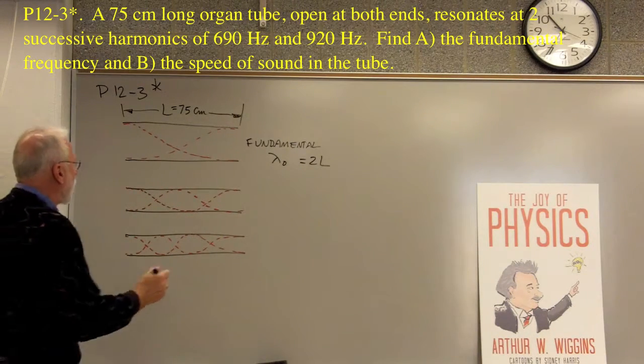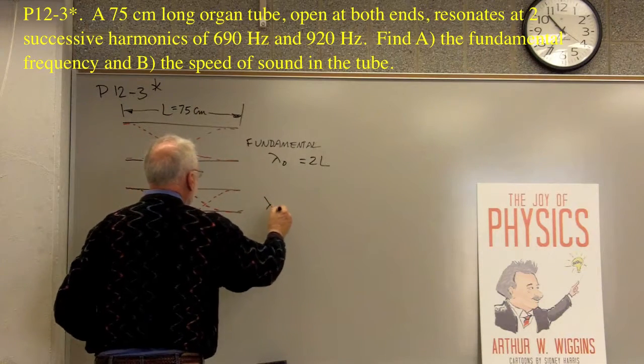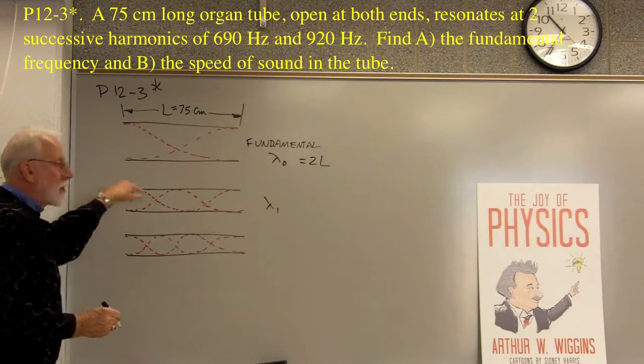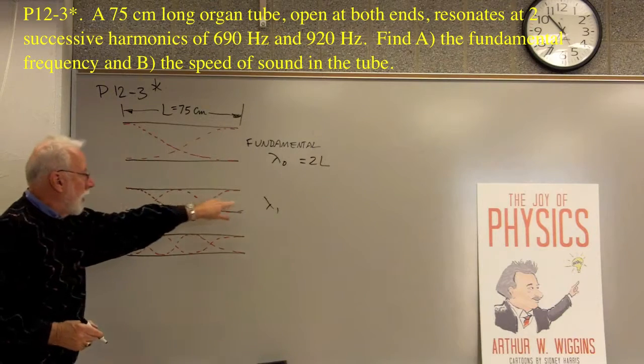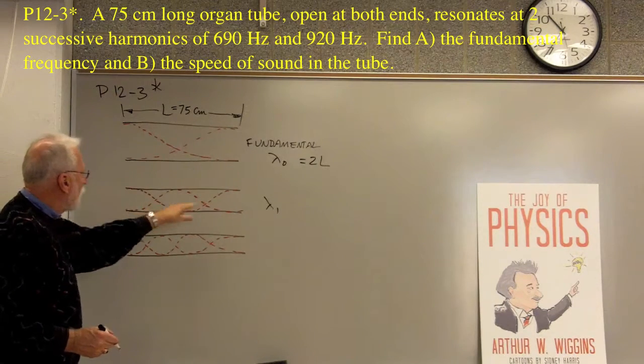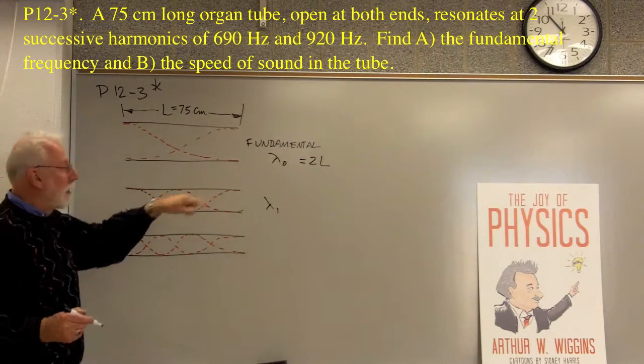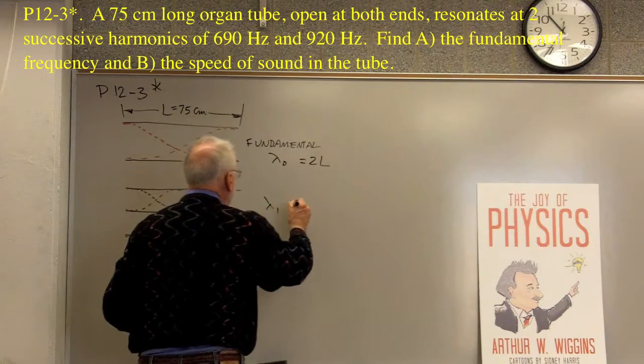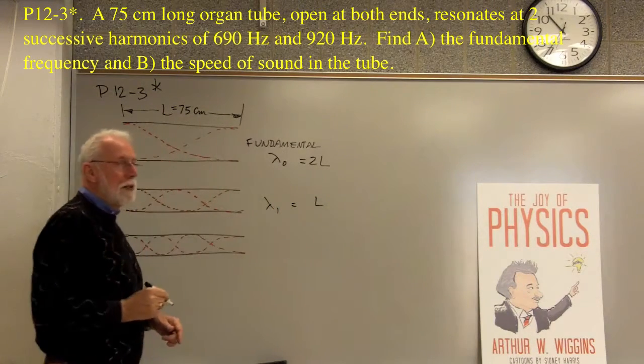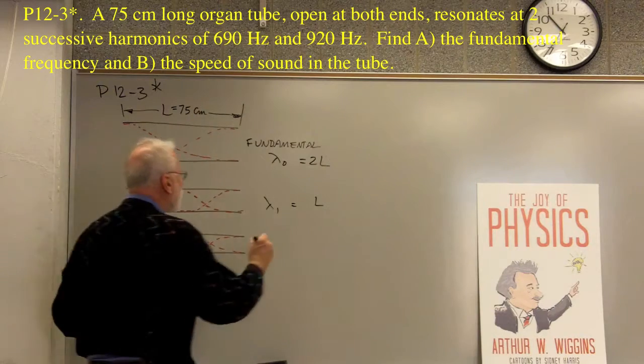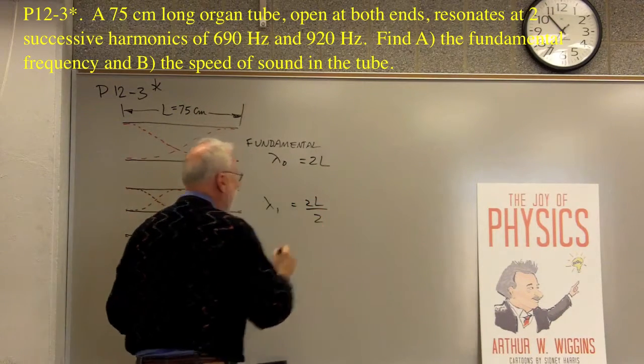Okay, this is the next one, first overtone, lambda 1. Here, when you set up the standing waves, antinode at this end, antinode at that end, then it turns out that you have exactly 1 wavelength in L. So lambda 1 is L. But humor me for a minute, I'm going to call this 2L over 2. Same thing, right?